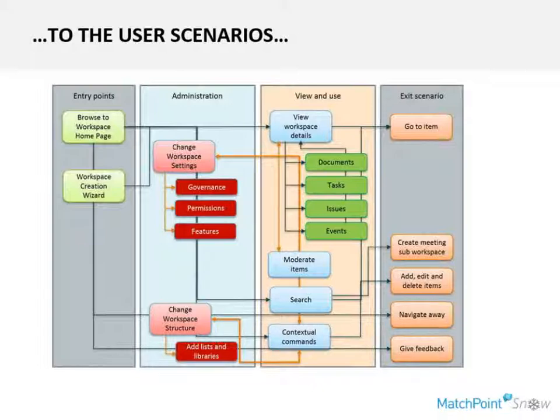So for each of these personas, we have created a series of scenarios by taking care of how do they enter the system, what is their goal, where do they enter it, what do they do in the system, do they administer things like sites or documents or users and so on, do they create stuff, do they publish things, do they maybe just review, or do they just consume information, and how do they exit the system, what do they want to have at the end when they have finished their work.